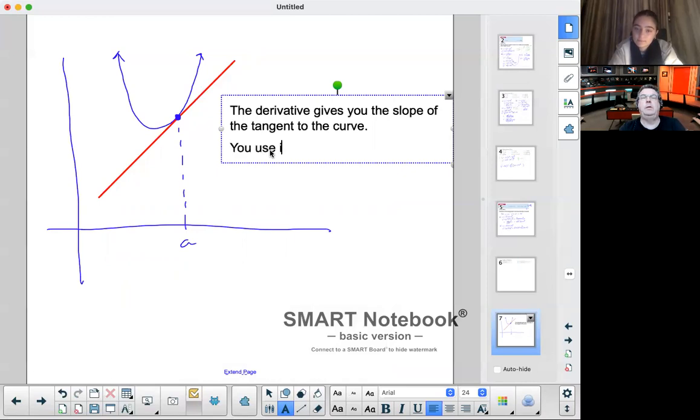Now you use it to find the slope of the curve at the point of tangency.